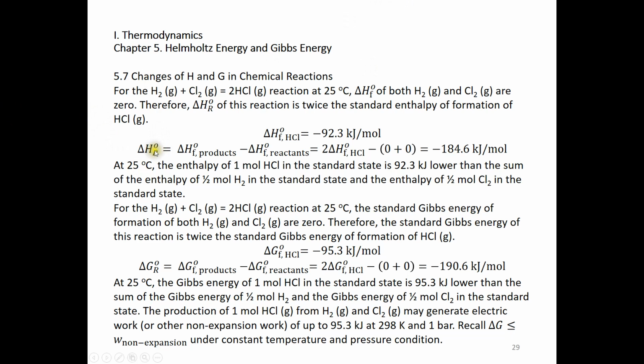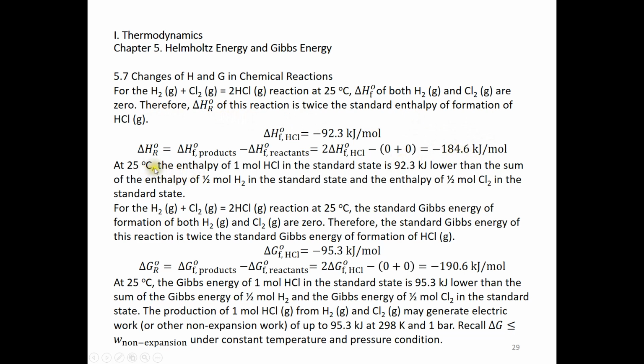The standard enthalpy of reaction is the products minus reactants. We have 2 HCl as the products, so 2 times this minus reactants, which is 0 and 0. So in the end, we get negative 184.6 kilojoule per mole as the standard enthalpy of reaction. So this amount of heat will be released, assuming the isobaric condition.